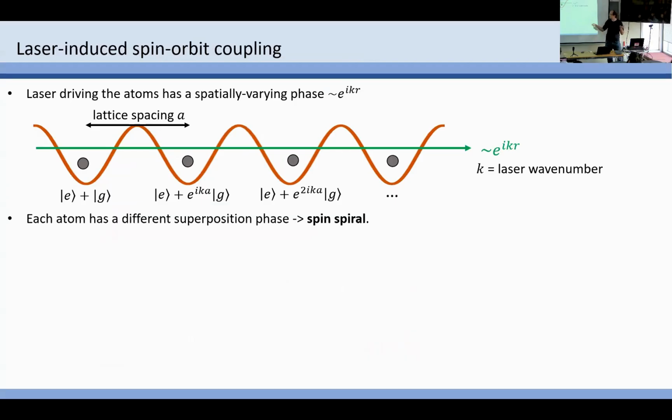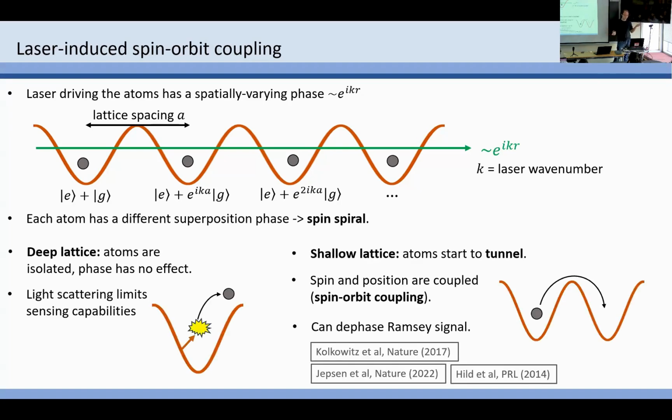What that means is if I have the lattice with some spacing and the laser goes along the direction of the lattice, when I do a pulse and prepare a superposition, it'll have a different relative phase on each site. It might be e plus g on one site, and on the next, they'll have a phase e^{ika} with a lattice spacing a, then e^{2ika}, and so on and so forth. So essentially, it turns into something like a spin spiral instead of just a collective state of each atom in the same phase.